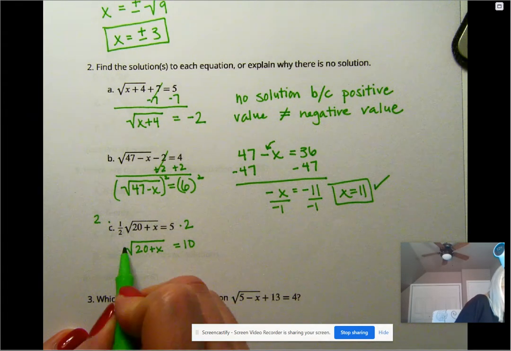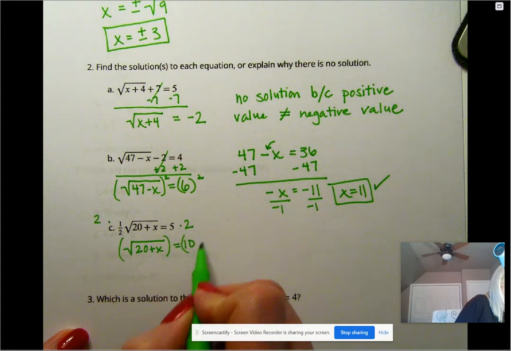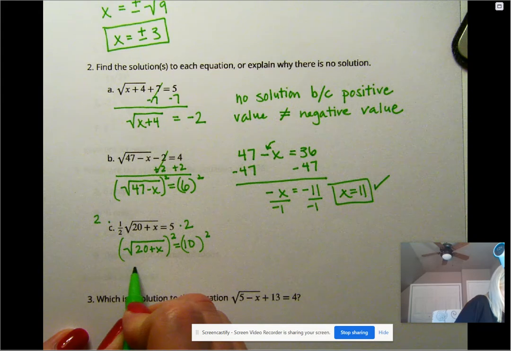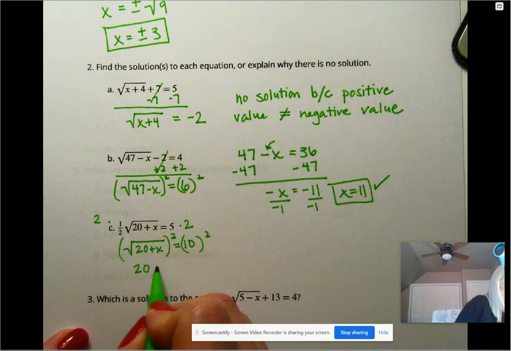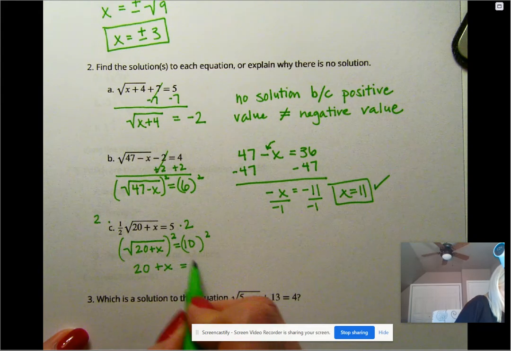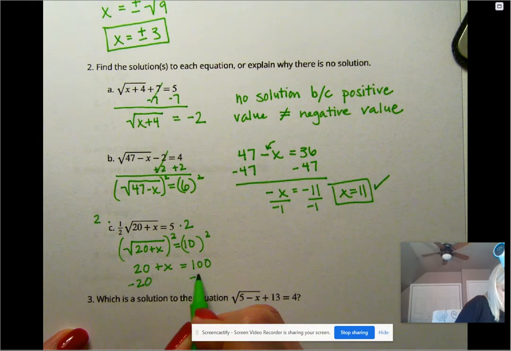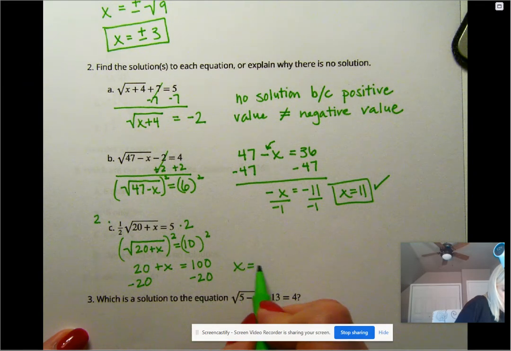I'm going to go ahead and square both sides of the equation, which gives us 20 plus x equals 10 squared is 100. Subtract the 20 from each side. x equals 80.